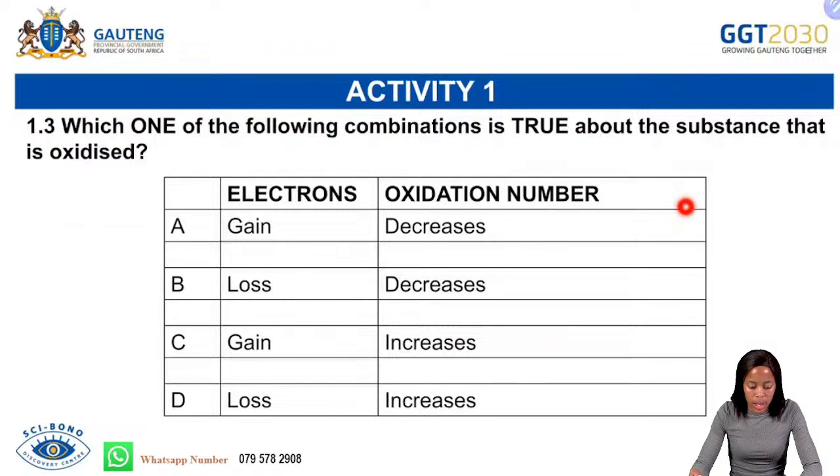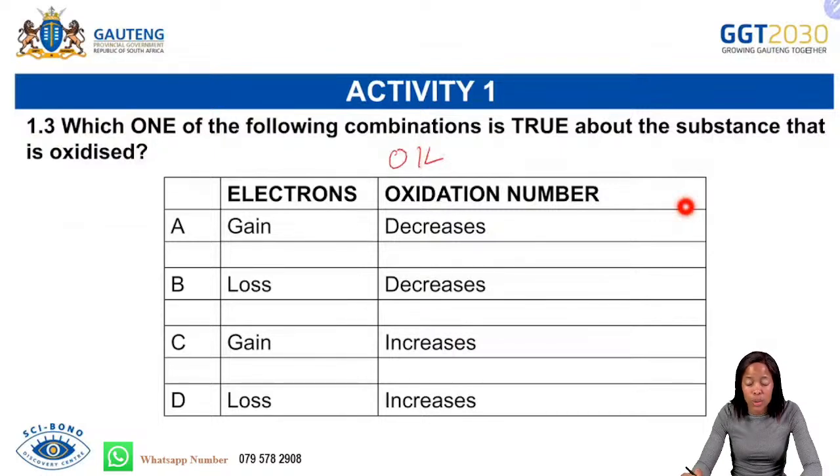Okay. Now it says here, which one of the following combinations is true about the substance that is oxidized? So what is it that we're going to use? We're going to use OIL there. So OIL, we said oxidation is loss. Okay.